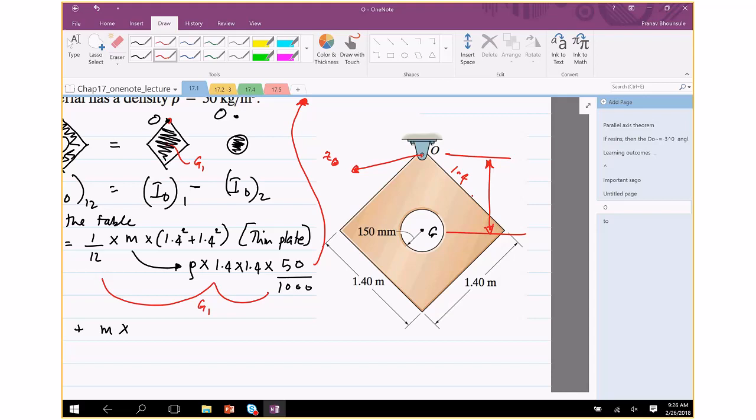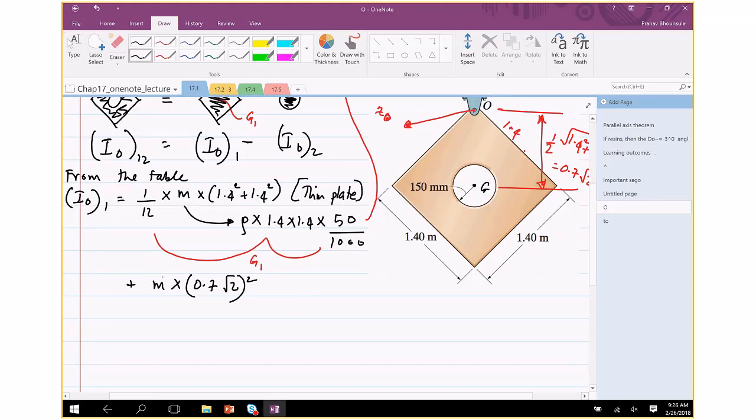But it's going to be half of that, so it's going to be 0.7. So it's half of the square root of 1.4 squared plus 1.4 squared, which is 0.7 square root 2. So this is (0.7 square root 2) squared.